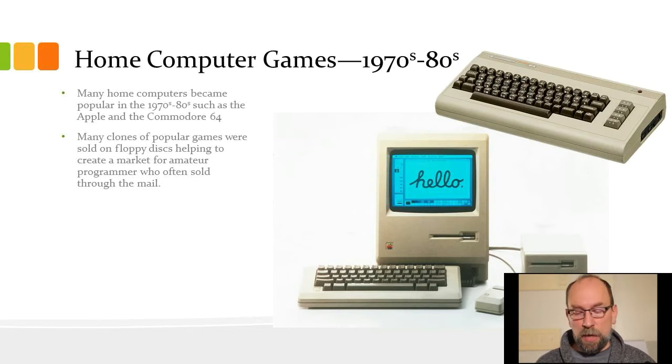So these two initiated the amateur market for programmers. You had a whole host of people designing really interesting games for themselves and making copies on floppy disks or cassettes and selling them in Ziploc bags through the mail, and sometimes through a local store. So this amateur programmer market was a really cool advent with the home personal computer.